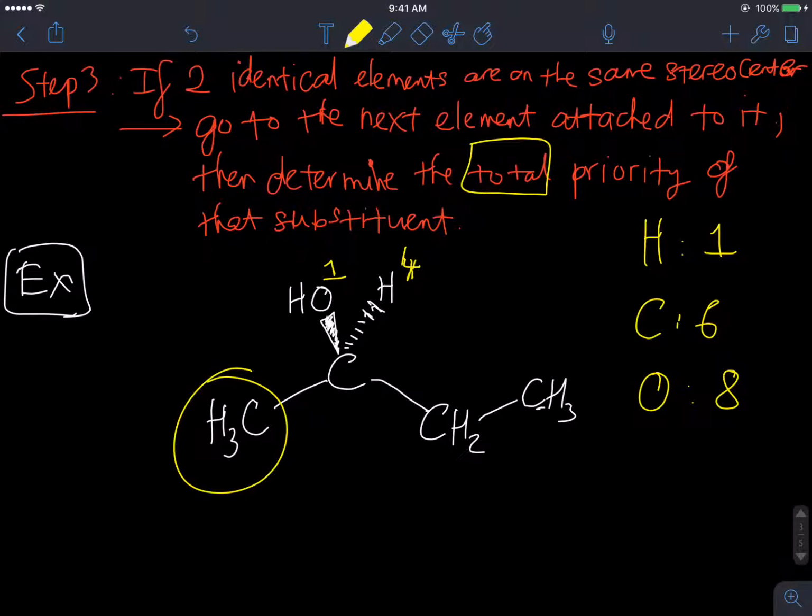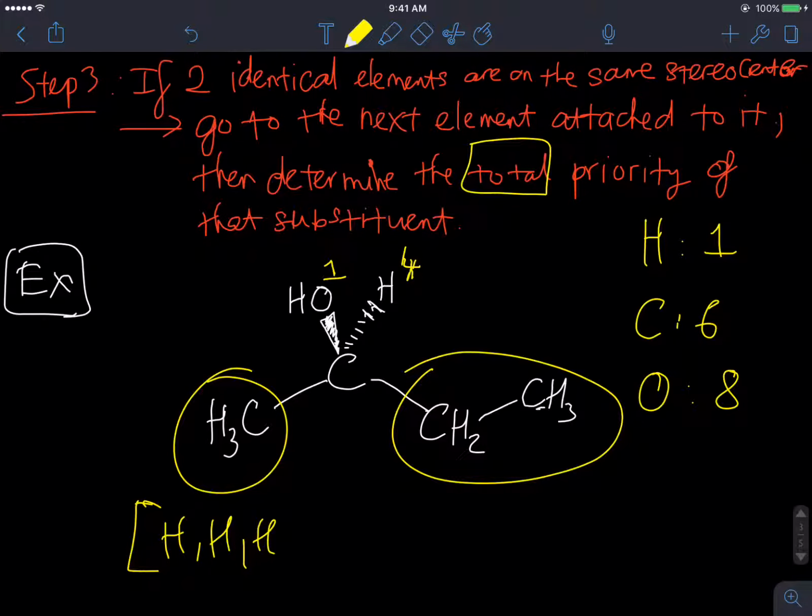For these two substituents right here, we don't know yet which is number 2 or 3, because they are two identical elements, both carbon. The carbon on this side connects to three hydrogens. The substituent on the right side connects to a carbon and two hydrogens.